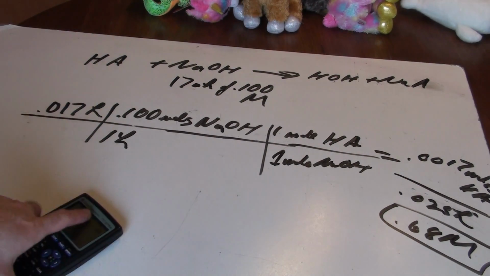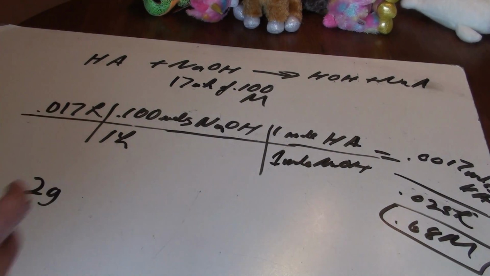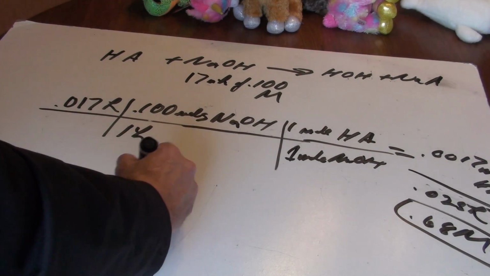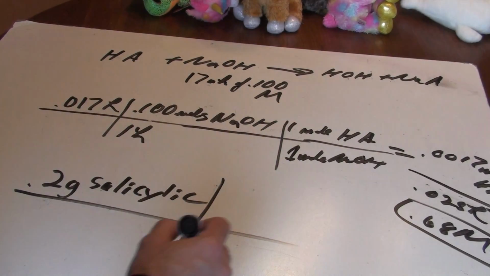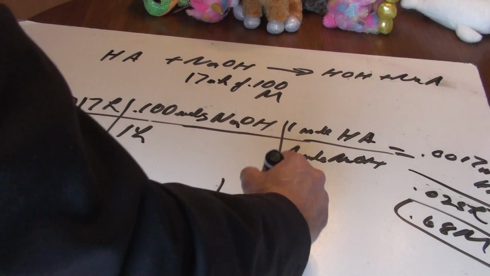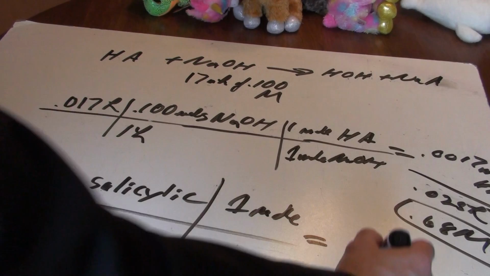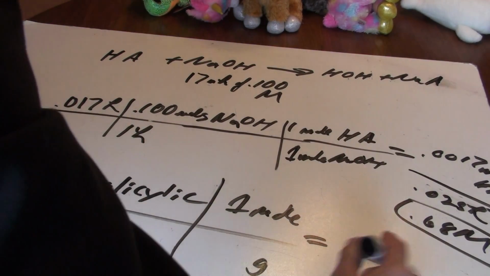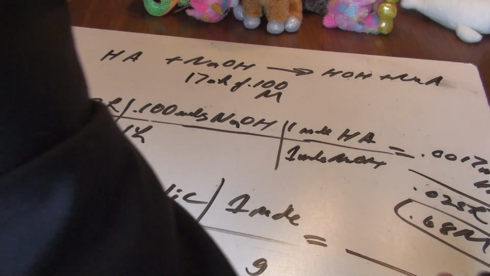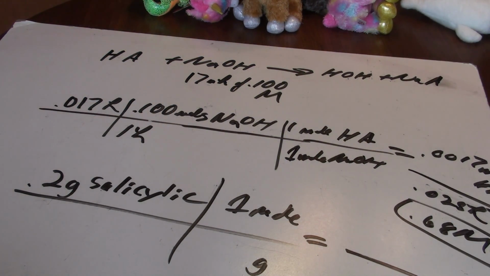If you had a solid, let's say you had 0.2 grams of salicylic acid, well, then you have to convert to moles using the molar mass, and then divide by your volume. In this case, it was 0.05 liters because you had 25 milliliters of alcohol and 25 milliliters of water.